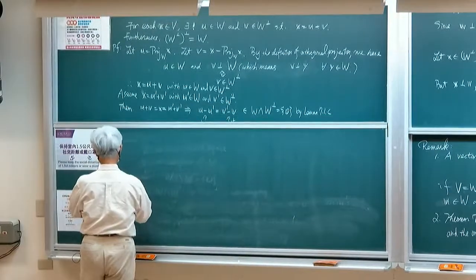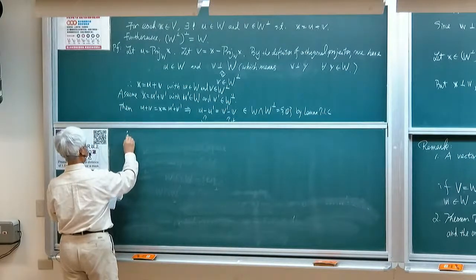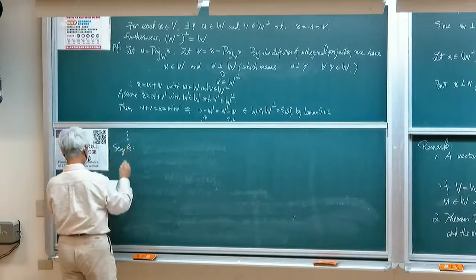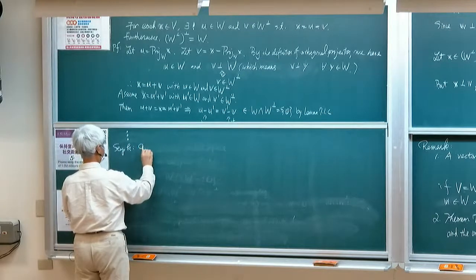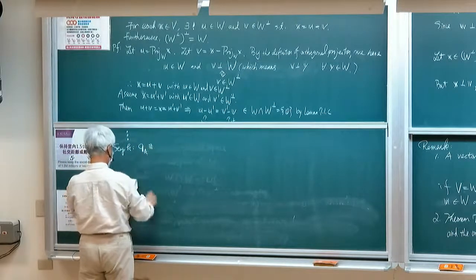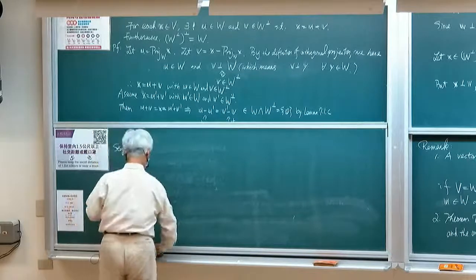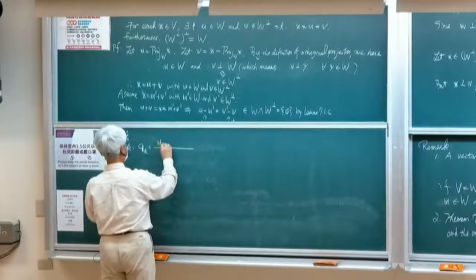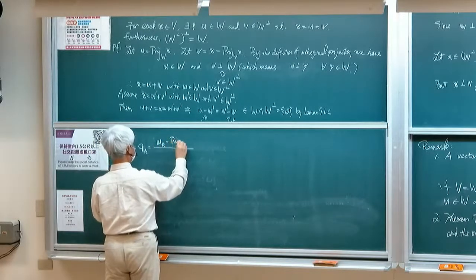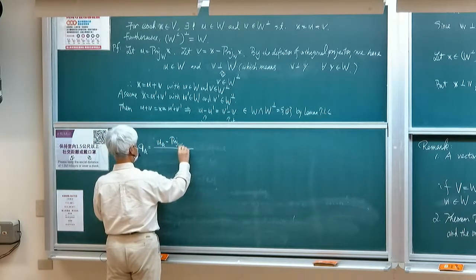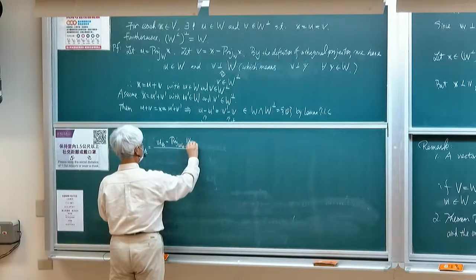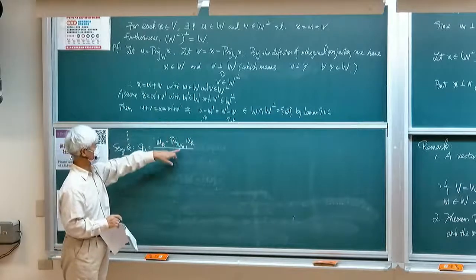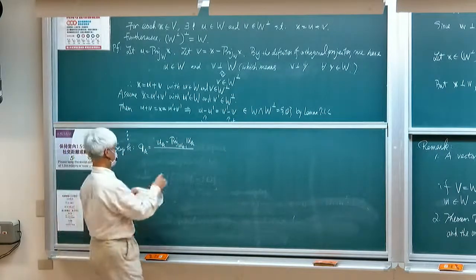So suppose we keep doing things, and in step K we already have QK, where QK is UK minus the projection of UK onto WK minus 1, using the previous subspace WK minus 1, and then we normalize it.